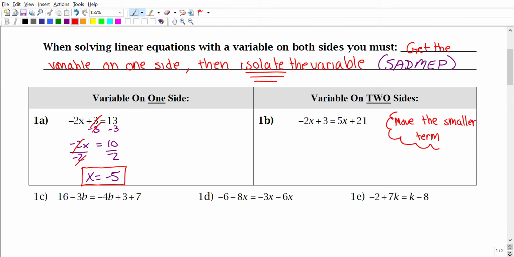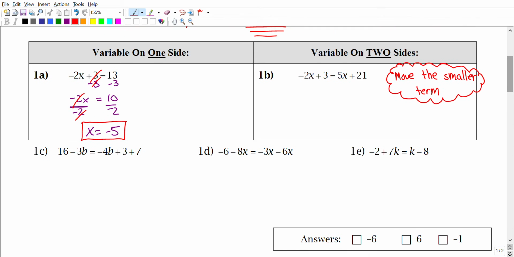When you have to move something, we generally like to move the smaller term, and that's not always the case; we might see a situation where we need to move the larger one. But let's use that rule of thumb for now and see if we can figure out the answer for this problem.